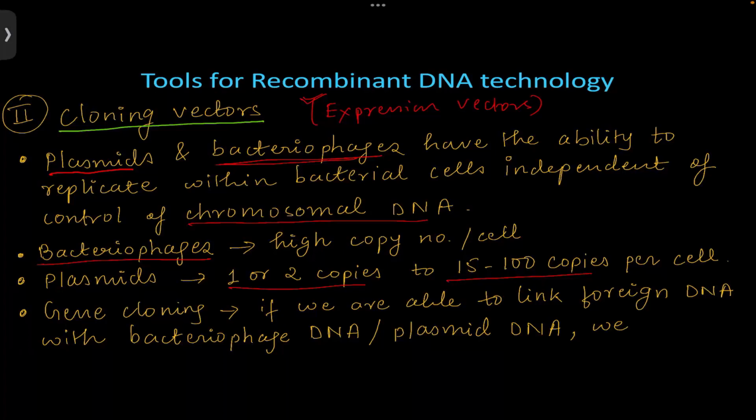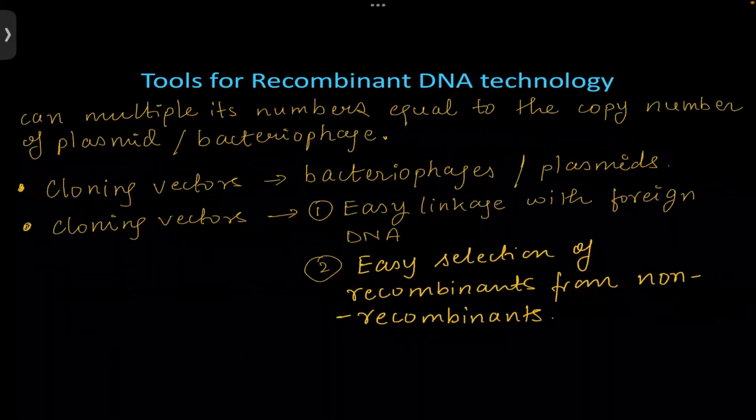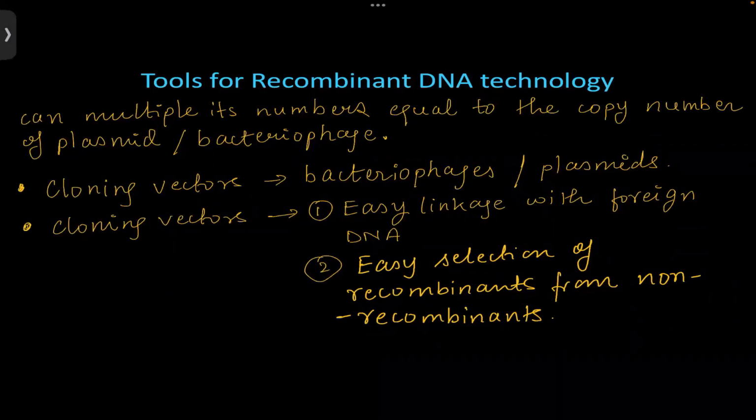So in gene cloning, what happens? If you are able to link your foreign piece of DNA with bacteriophage DNA or plasmid DNA, then it will multiply. Obviously, its number will multiply equal to the number of copies of the plasmid or bacteriophage.